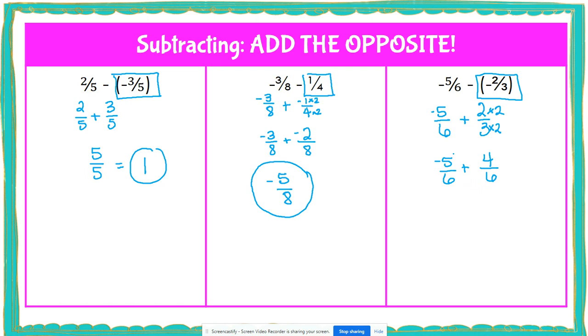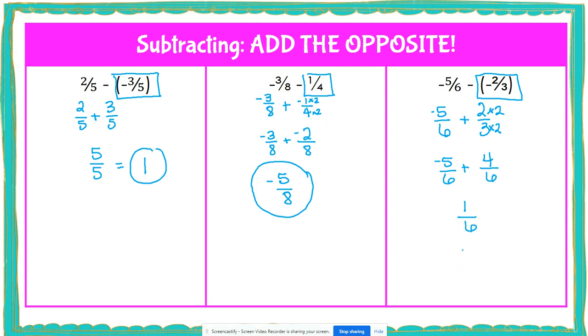I know that I have different signs here. Since I have different signs, I actually need to subtract my absolute values. So I'm going to do 5/6 minus 4/6. I'm going to subtract my numerator, 5 minus 4, which will give me 1, and I'm going to keep my denominator of 6.